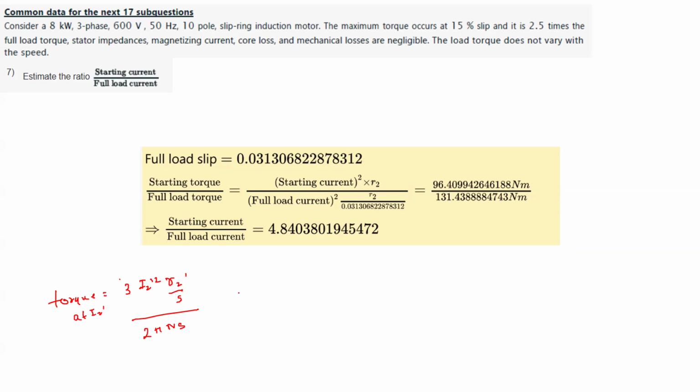Now let us write the starting torque. It will be equal to 3 into I2 dash, which will become I2 corresponding to the starting current. I2 is V by root over of (R2 dash by S) whole square plus X2 dash whole square.